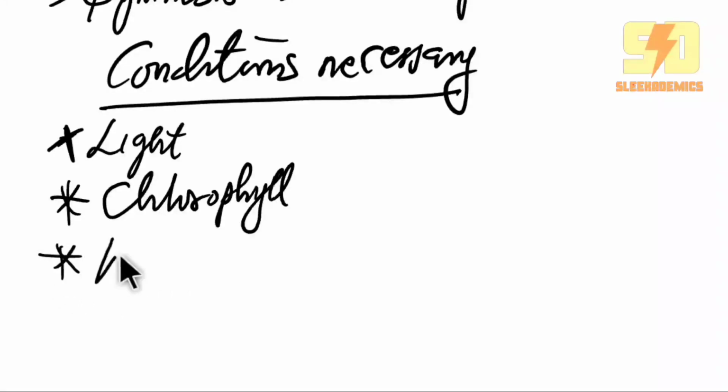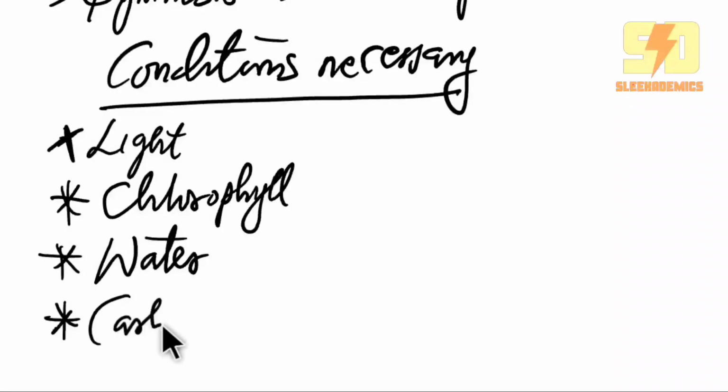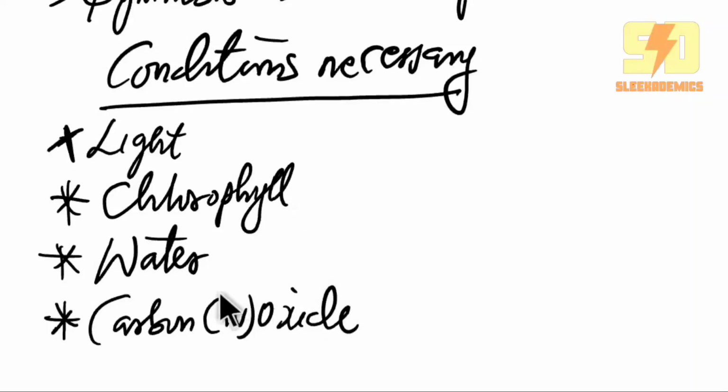Then we have water, and we have carbon dioxide. Okay, so these are the major conditions necessary for photosynthesis to occur. All right, so let's quickly use a diagram to explain this further.